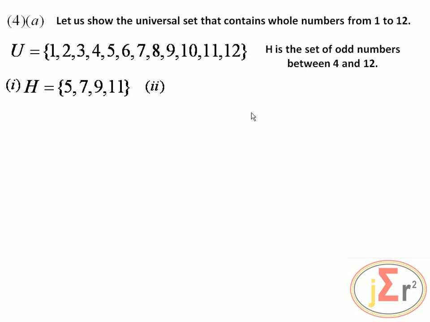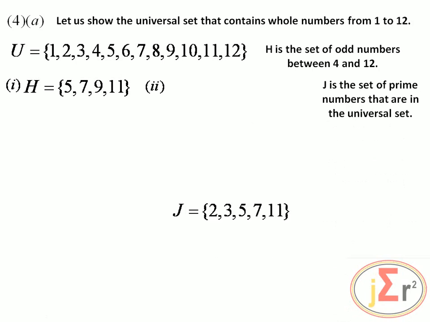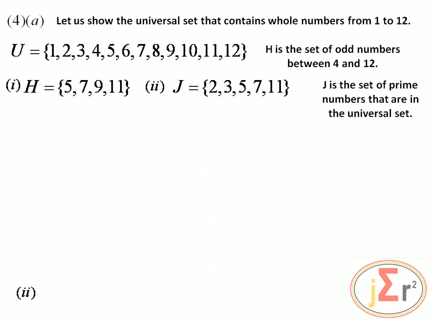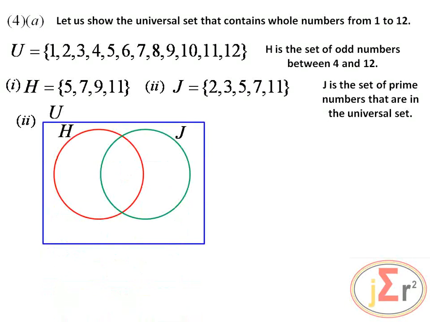No problem with that. J is the set of prime numbers that are in the universal set. That is our J. All of the prime numbers that are in the universal set. We need to complete this Venn diagram by including all of these elements.